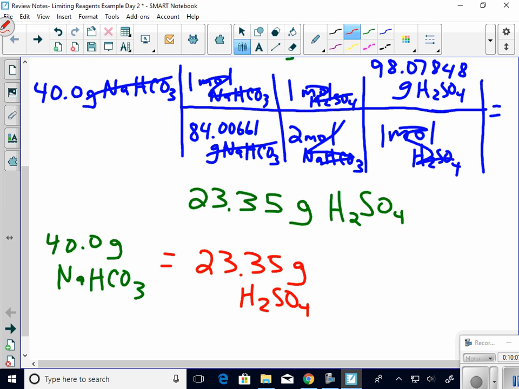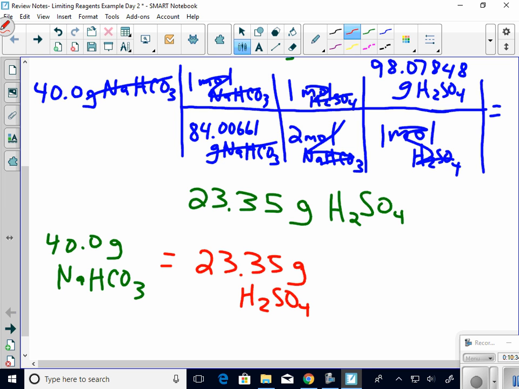Do I have 23.35 grams? No, I do not. I only have how many? 6 grams. So what is going to limit this reaction? This is the big one, the tough one. What limits this reaction? What will I have left over?